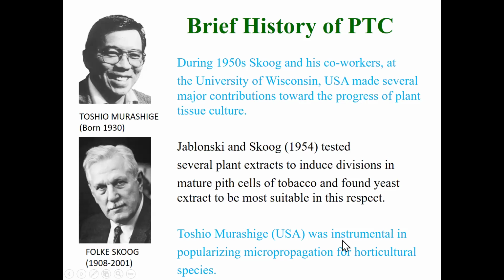Toshio Murashige was instrumental in popularizing micropropagation, and they finally developed the Murashige and Skoog medium. Usually, at that time, they used horticultural plants. Horticultural plants means garden plants, fruits, vegetables, ornamentals.